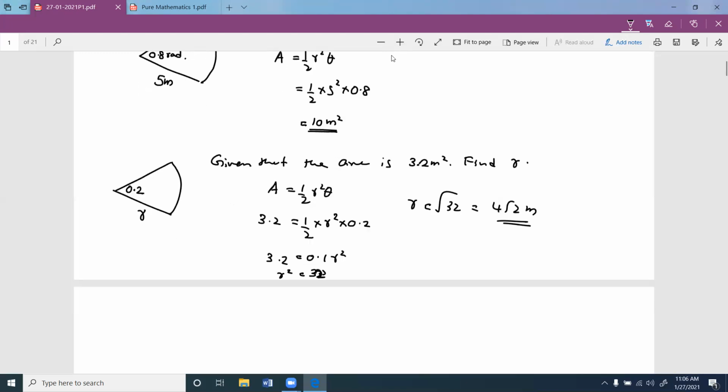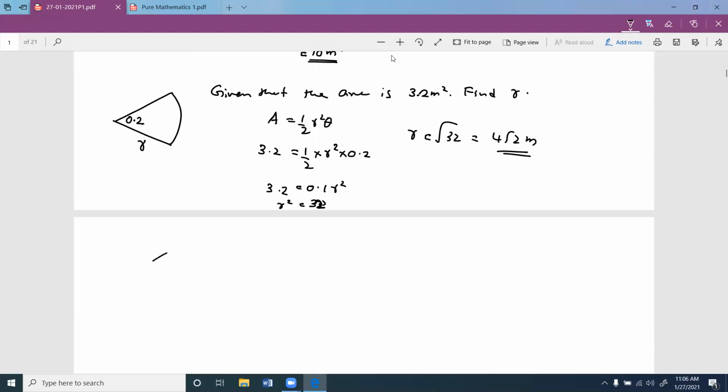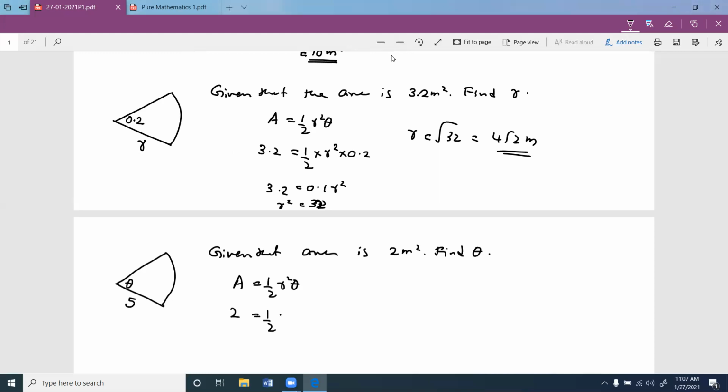Now sometimes they might diverge into a question like this. Here the angle is not given, r is 5, and given that the area is 2 square meters, they ask us to find theta. Simply you can say area equals half r squared theta. So 2 equals half into 5 squared into theta.